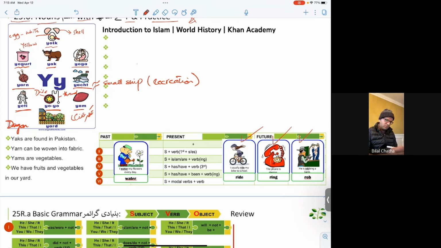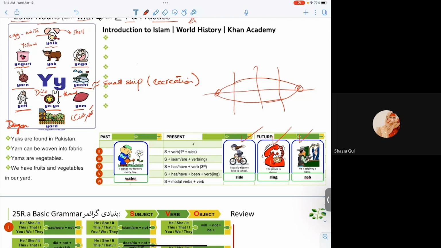So you take a yam, you cut the yam into big chunks. When you cut something in big chunks, what is it called? Shazia, go ahead. Chunk pieces. Yeah. So these are chunks. Or you can say you dice the yam.